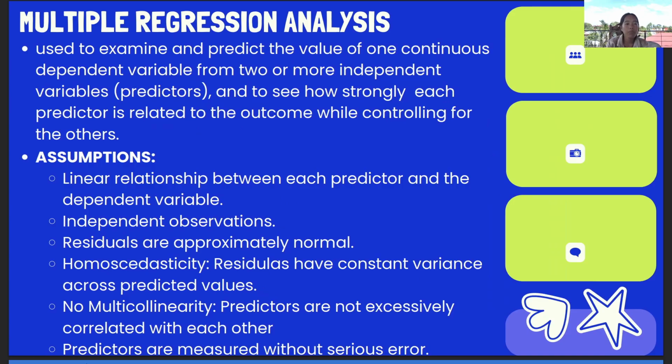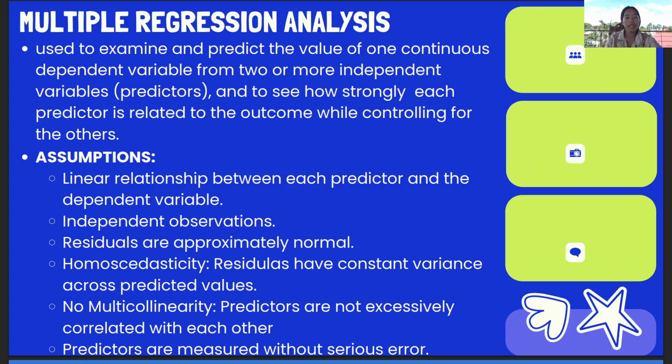Now we have the multiple regression analysis. It is used to examine and predict the value of one continuous dependent variable from two or more independent variables, showing how each predictor is related to the outcome while controlling for the others. And here are the assumptions.